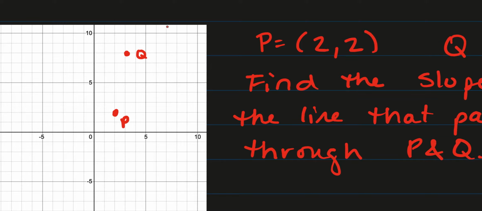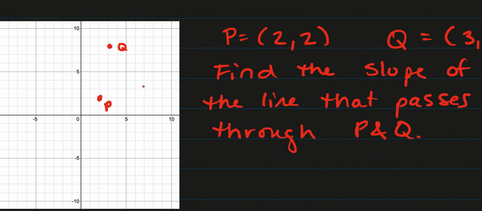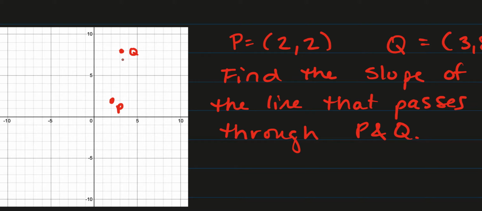Now we're going to draw a line through these two. Now this is going to be a steep line. If you make your XY plane a little bit wider, so maybe instead of having a 5 here, you put like, this is 1, this is 2, and so on, you could see it a little bit better.